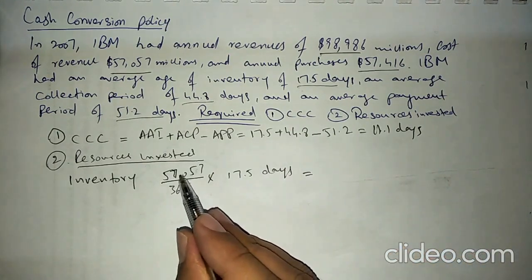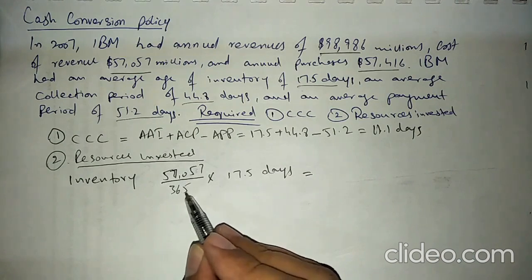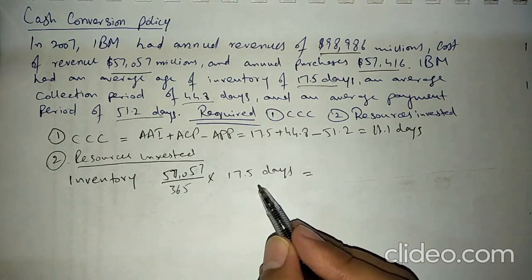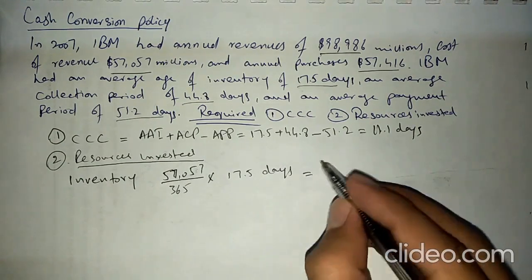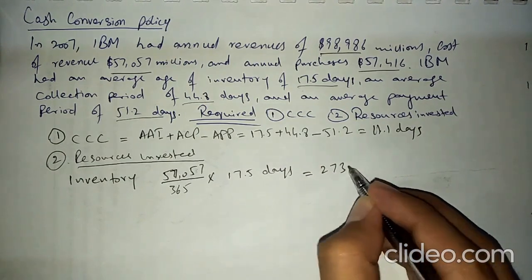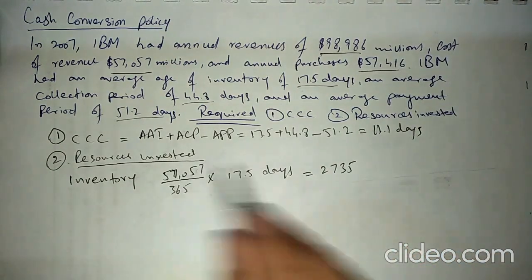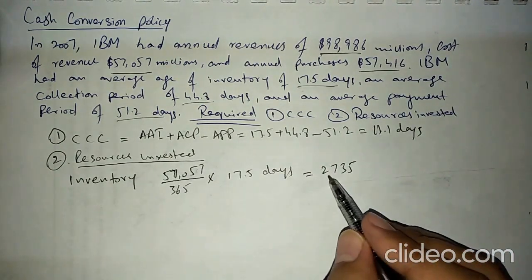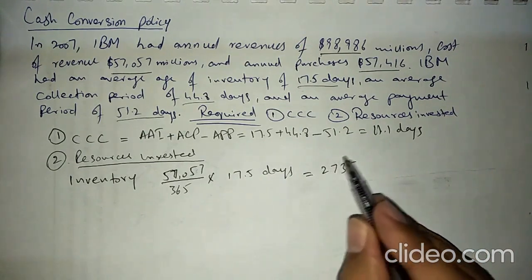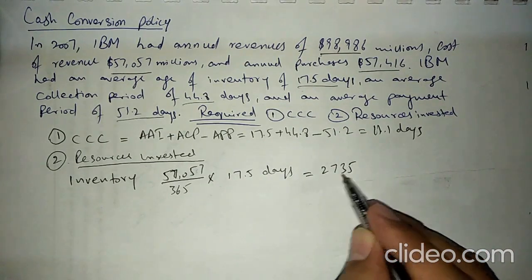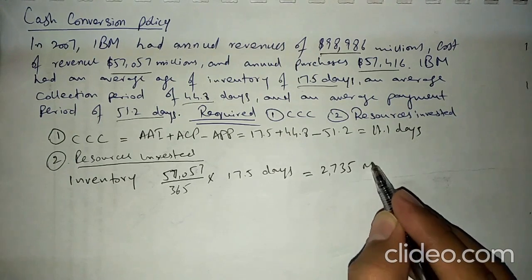So by dividing 57,057 by 365 and multiplying by 17.5, the overall answer is 2,735. All these amounts are in millions. So it means that to finance inventory we need $2,735 million.